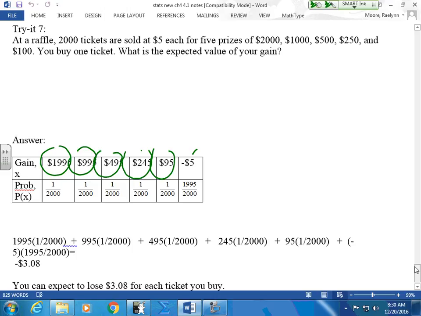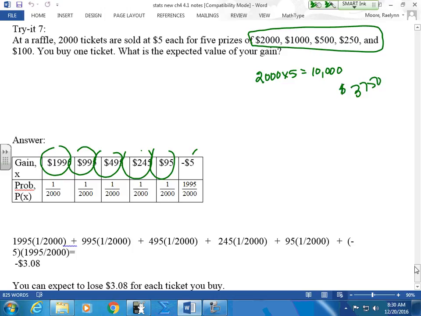So now, if you figure it out just logically, this is going to cost you $10,000 to buy every single ticket. And if I add up the prizes, that's $3,750. Well, wow, that's like a third of it. So look where your net loss is. Look at my net loss. $3 per ticket. Wouldn't that make sense? That's like a third of it, isn't it?